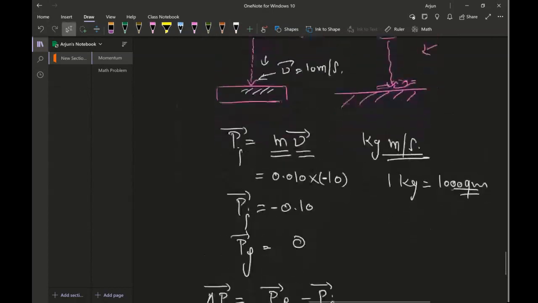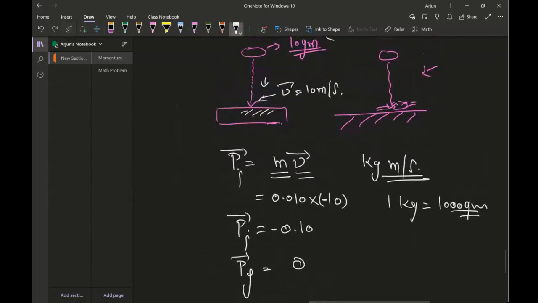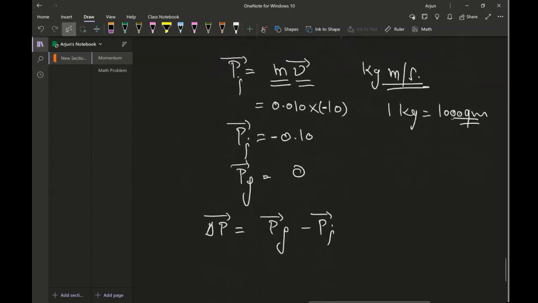Notice that's going to remain the same in both the cases, whether you're throwing it on the bed or on the floor, assuming you are throwing it from the same height and this egg covers the same distance. So down here, the velocity is 10 meters per second just before it strikes the ground. Now change in momentum will be equal to, oops, the final is 0.